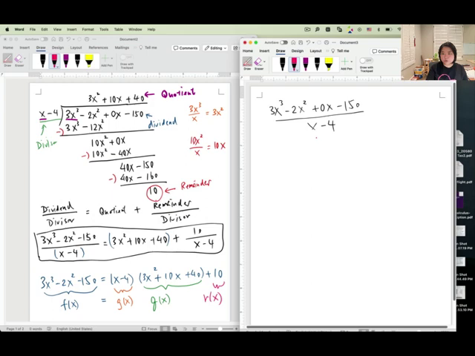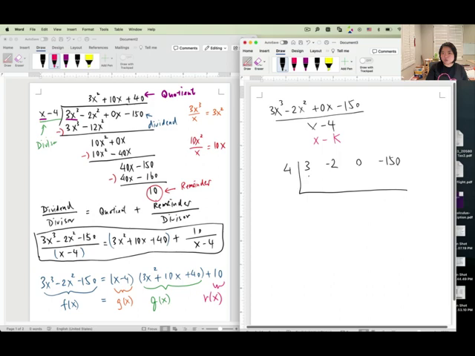Remember that when we're working with synthetic division, it has to be divided by a divisor x minus k. First, we just write down the coefficients: 3, negative 2, 0, and negative 150. And then I'm going to put the k here. Your k in this form will be equal to 4.